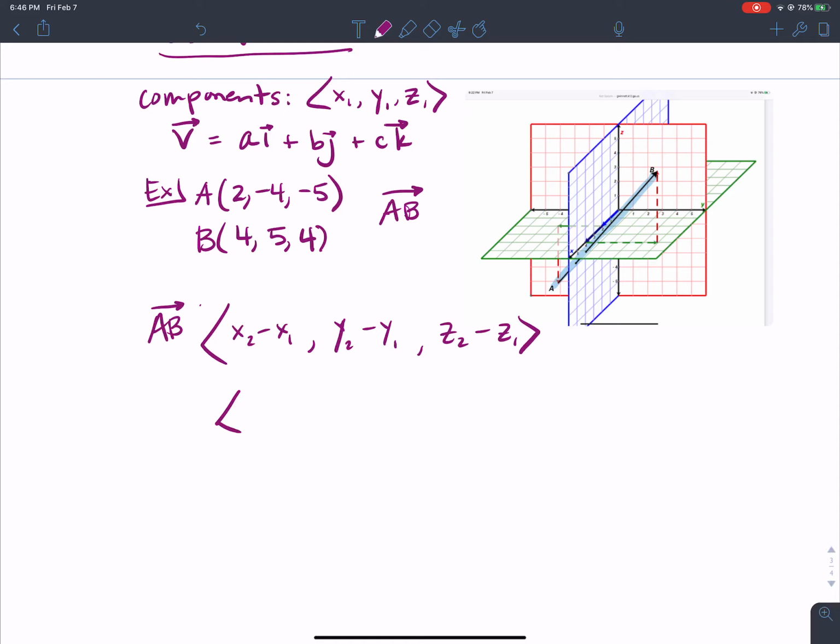All right, so this is going to be 4 minus 2, because point B is your terminal point. So 4 minus 2, 5 minus negative 4, and 4 minus negative 5.